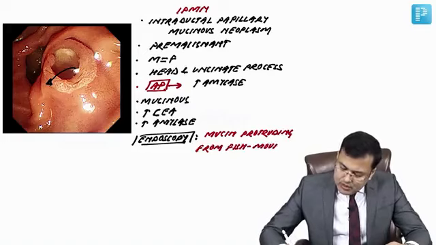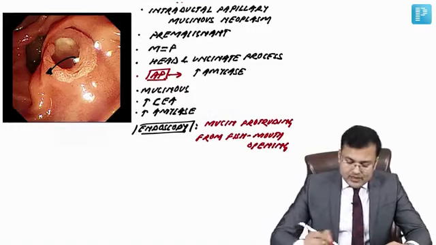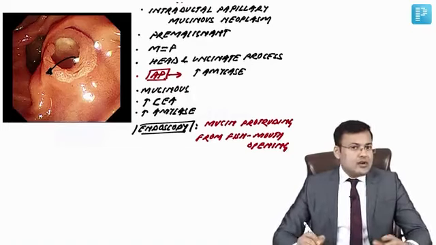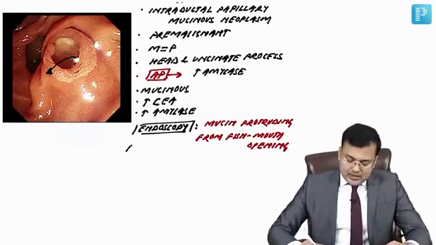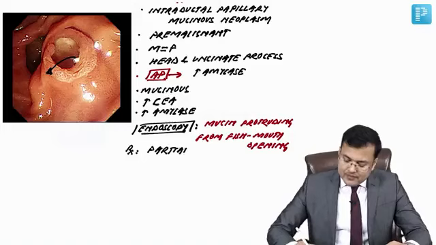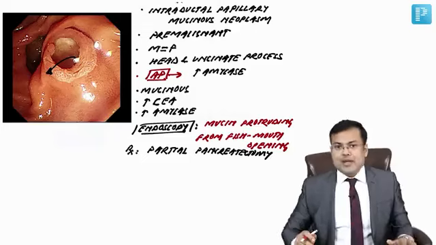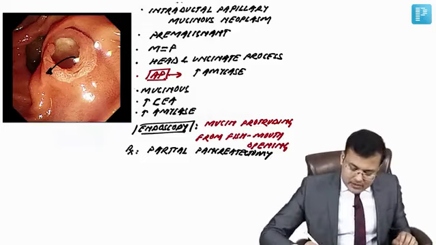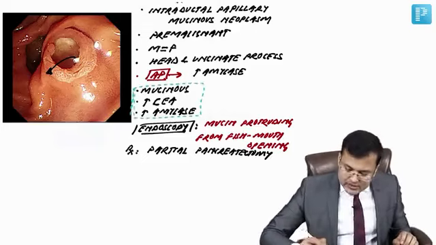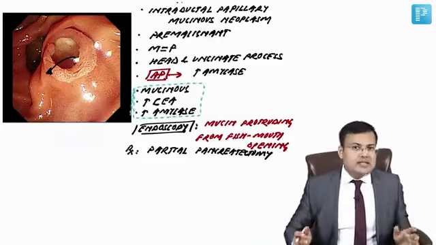Clear? Since it's a pre-malignant condition, what is the treatment? We go for partial pancreatectomy. This is management of IPMN. Important is the content, that is mucinous, there is raised CEA and there is raised amylase.